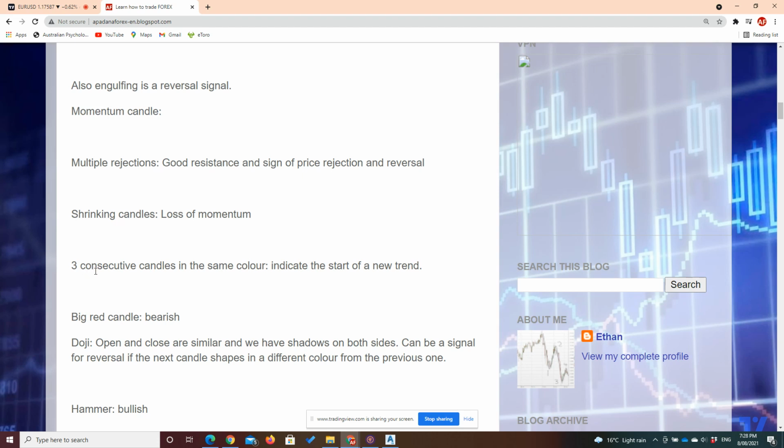Then we have, for example, 3 consecutive candles in the same color. This indicates the start of the trend. Many people call that three soldiers or whatever, but just make it simple: 3 consecutive candles in the same color.